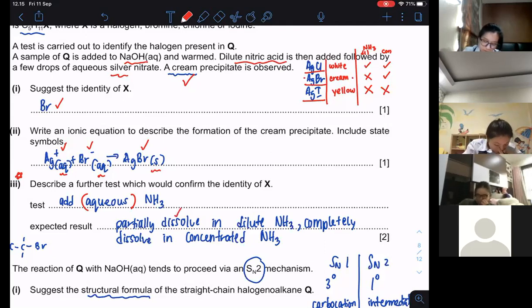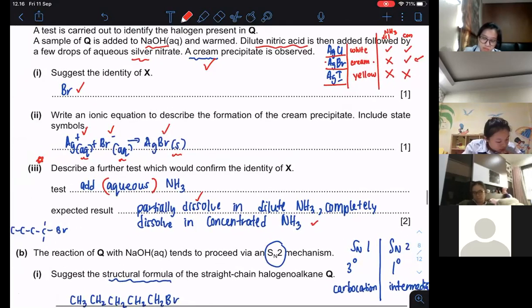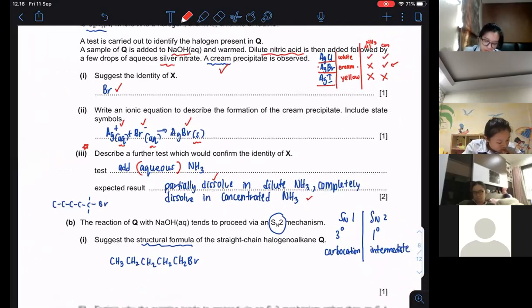I can see it dissolving slightly. So I try with concentrated ammonia, and it completely dissolves. So I can conclude that this contains bromine, the halogen.